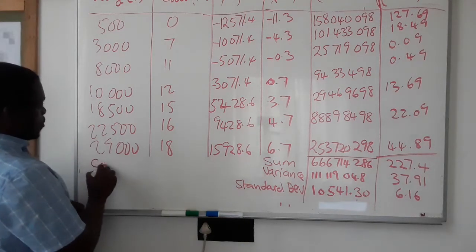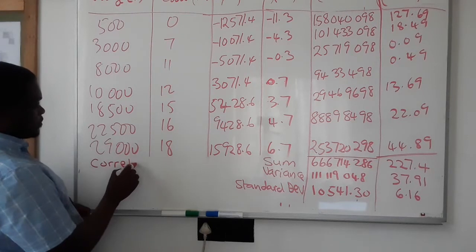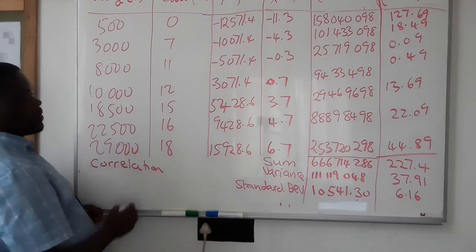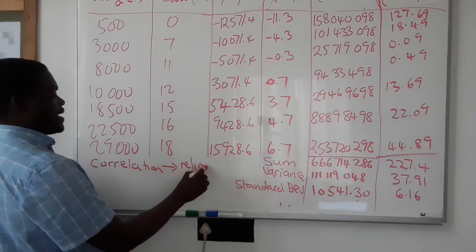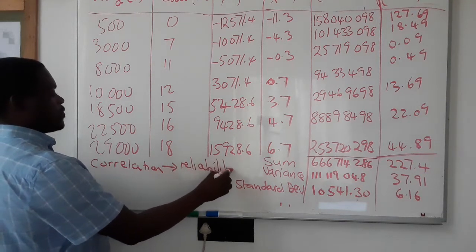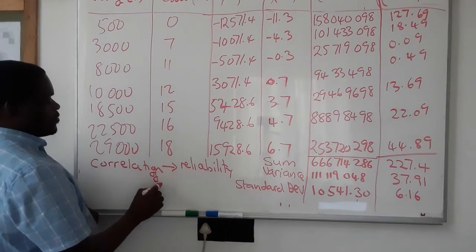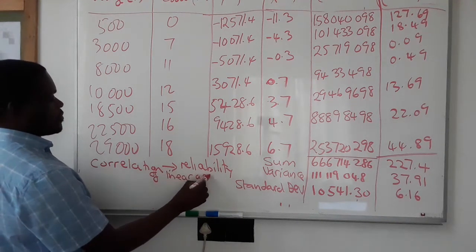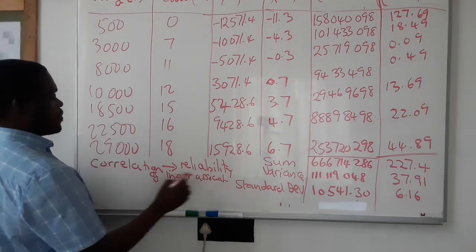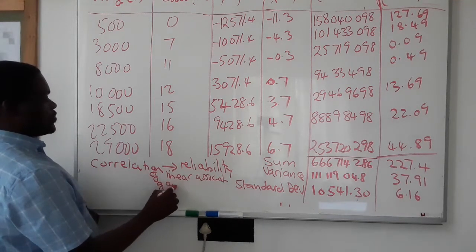Now, correlation, as I said, measures the reliability of linear association of any two variables.